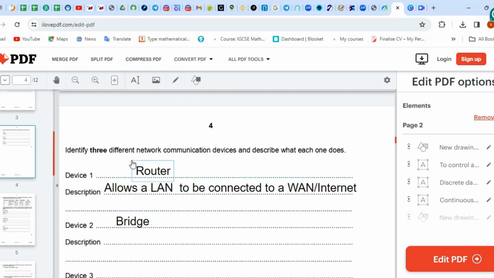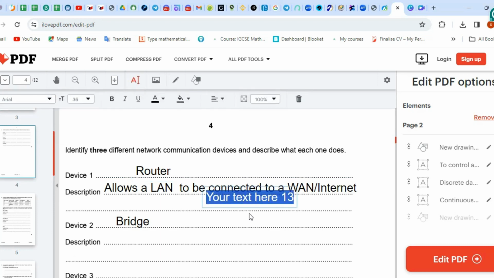So what's the description of a bridge? Yes? Good. That's correct. What does a bridge do? It connects 2 LANs of the same protocol together.